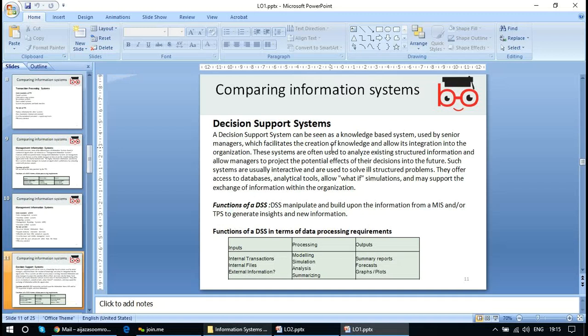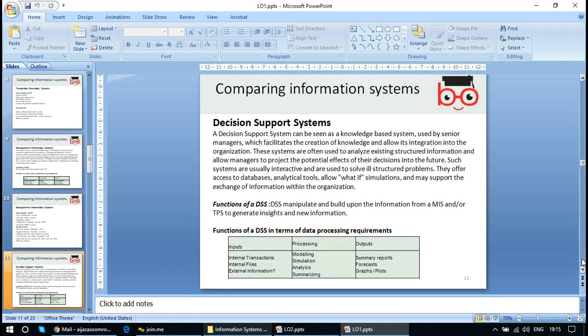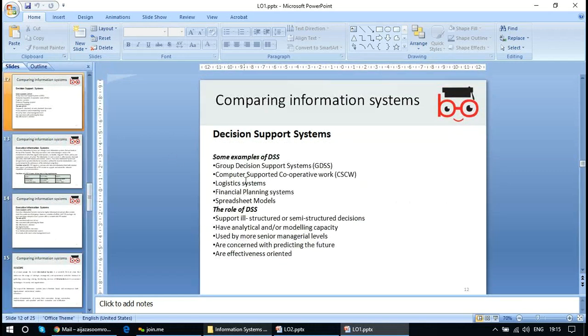Last time we tried to relate it with the kind of expert systems. And then those kinds of examples are group decision support systems, computer supported cooperative work, logistics systems, financial planning systems, spreadsheet models.